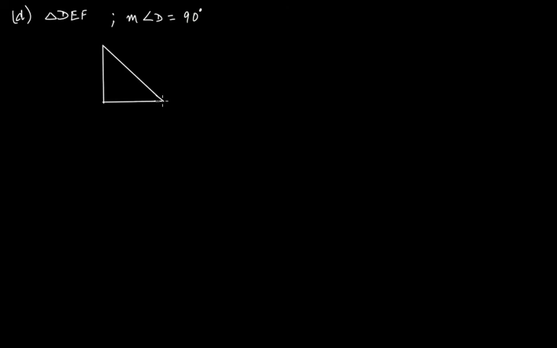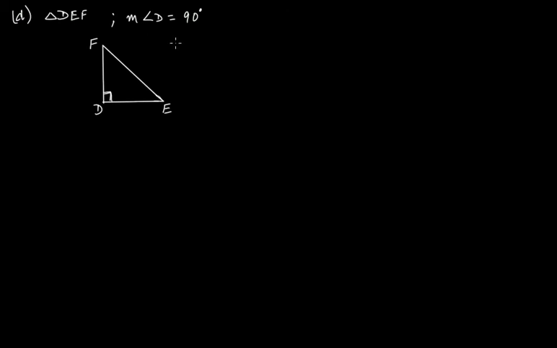Just assume that it's a straight line, right? It's not looking straight, but assume so. This is D. Why? Because the measure of angle D is given as 90 degrees. So this is a right angle, that is angle D. And now you can assign either this one as E or even this one as E, doesn't matter. So in DEF, you have this angle as a right angle.